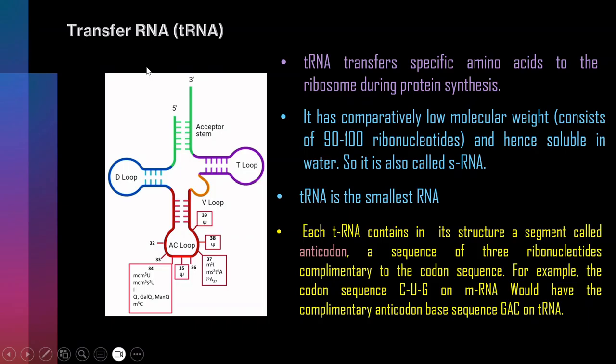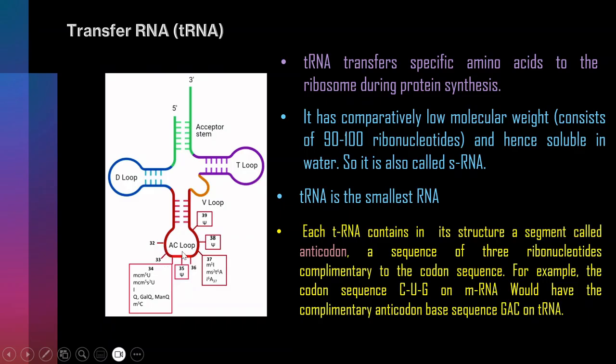Transfer RNA. The main function is to transfer the specific amino acid codes to the ribosomes for protein synthesis. And transfer RNA is otherwise known as sRNA because it is soluble in water and the smallest RNA. Both start with S. Now each tRNA consists of a segment called the anticodon.